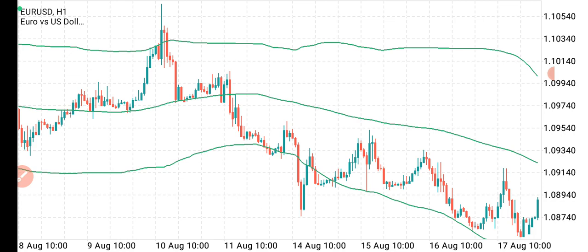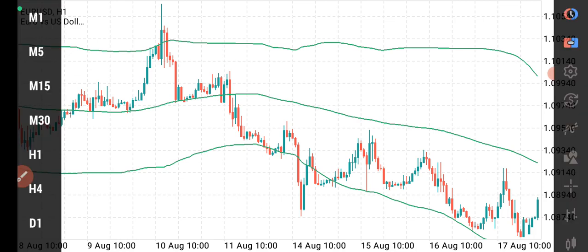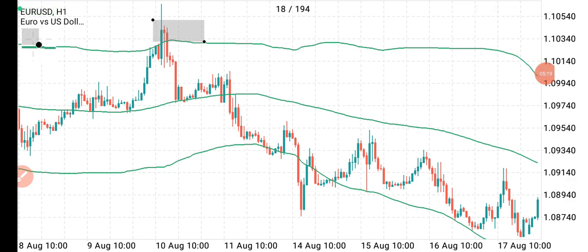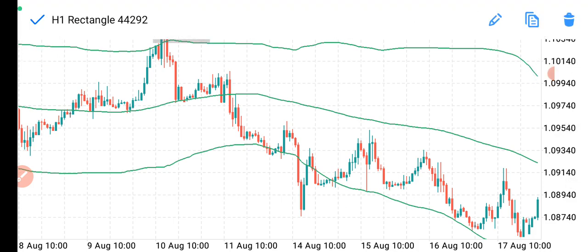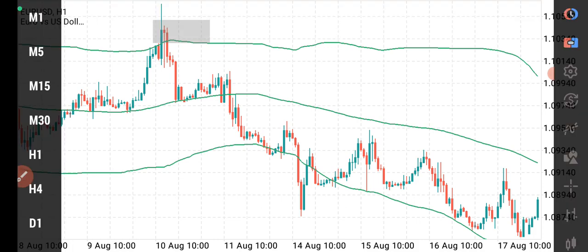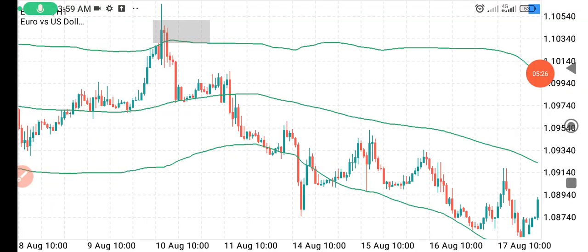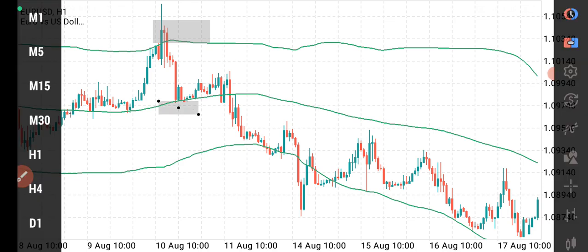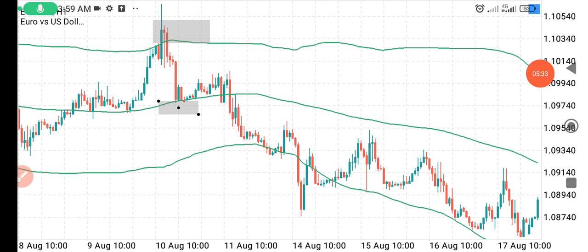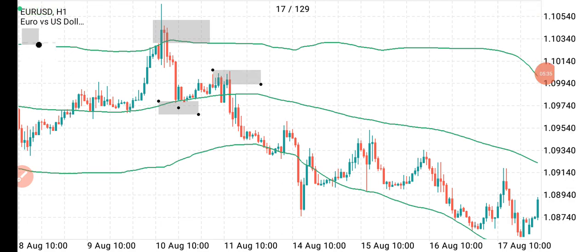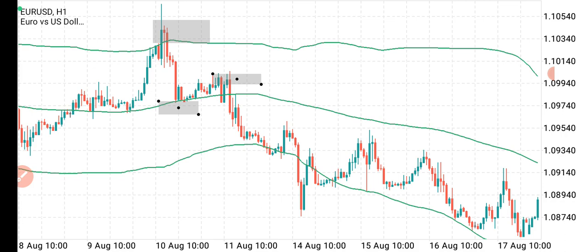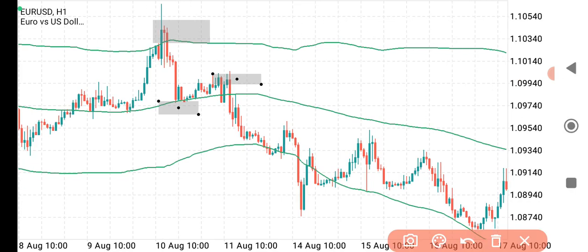But if you are a structural trader, you will know that at this particular point is our first high, and then from there we have another low being established, and then we have our lower high. Okay, let's go this way.